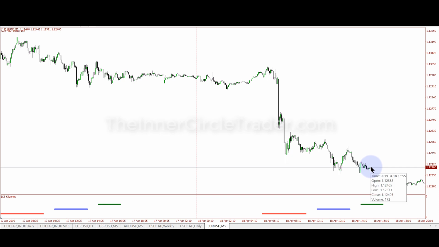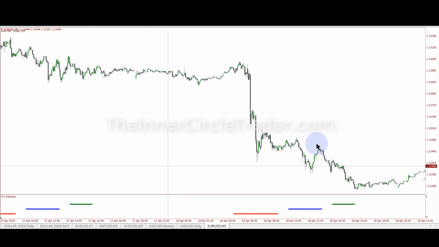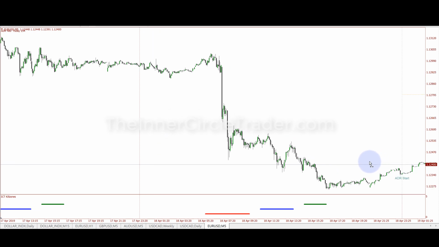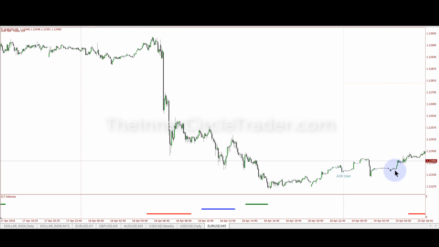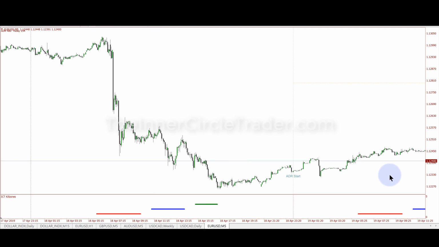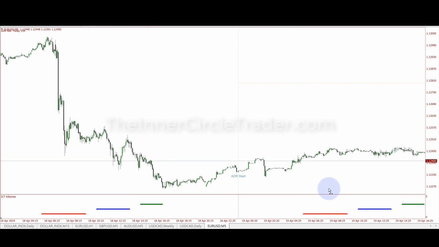So we're only talking about a 5 pip stop loss, and we're expecting the market to run, seeking lower liquidity, and not get stopped out. And we went into Good Friday, which really didn't offer much at all.